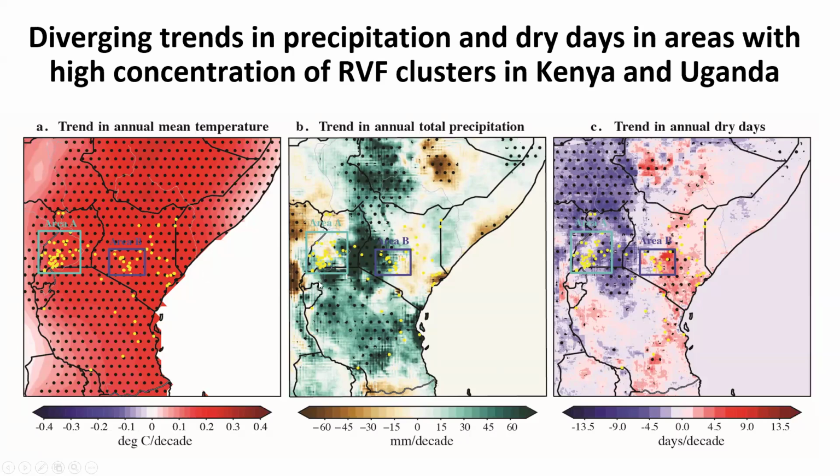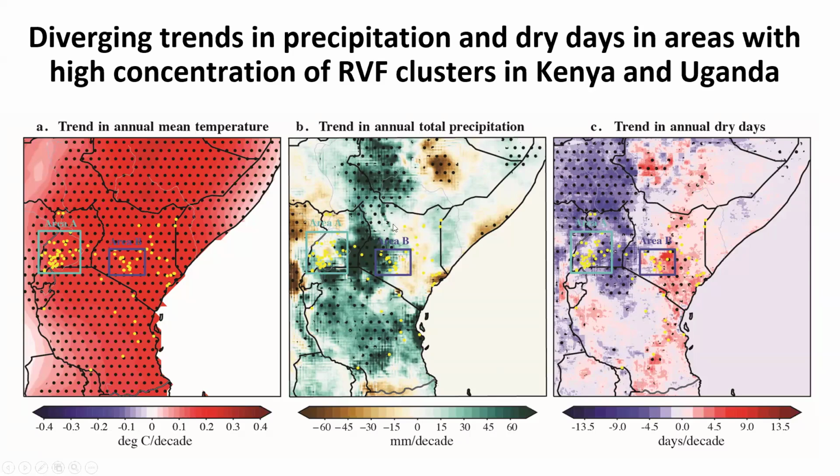We see that in this region there's been a recent increase in RVF clusters, and prior to 2016, as I mentioned, we were not seeing these kind of clusters of RVF. If we compare these two regions, this is a region where typically RVF outbreaks were happening. This is a region where there has been an increase in precipitation, whereas over here, where the disease is emerging, there's been actually a decline in precipitation in that region.